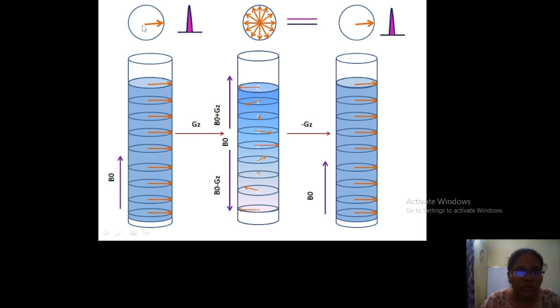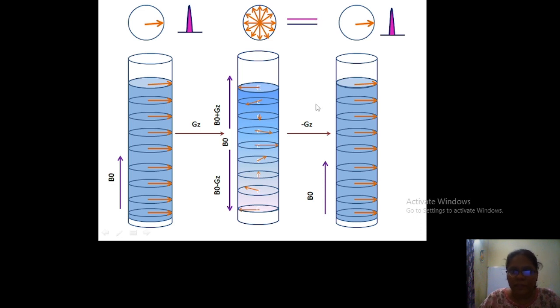So they were all aligned, even at different times, and the signal intensity was maximum. But when you applied a gradient, the magnetization vectors started precessing with different frequencies. So all the magnetization vectors dephased in the xy plane. For this reason, the magnitude of the net magnetization vector became 0, so the signal did not have any intensity.